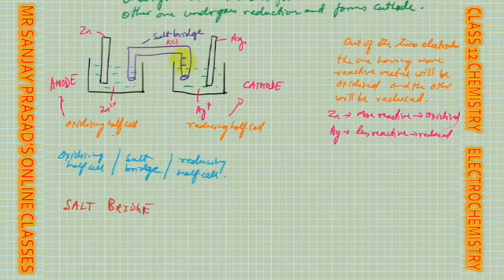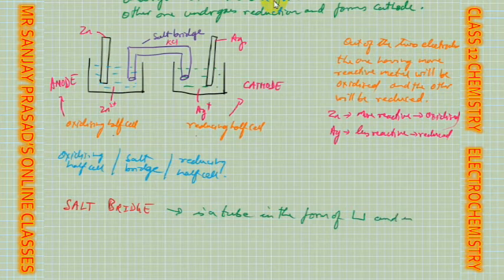You can see here, it is in the form of a tube which is bent in the form of U. Okay, what is this salt bridge? This salt bridge is a tube in the form of U, isn't it?